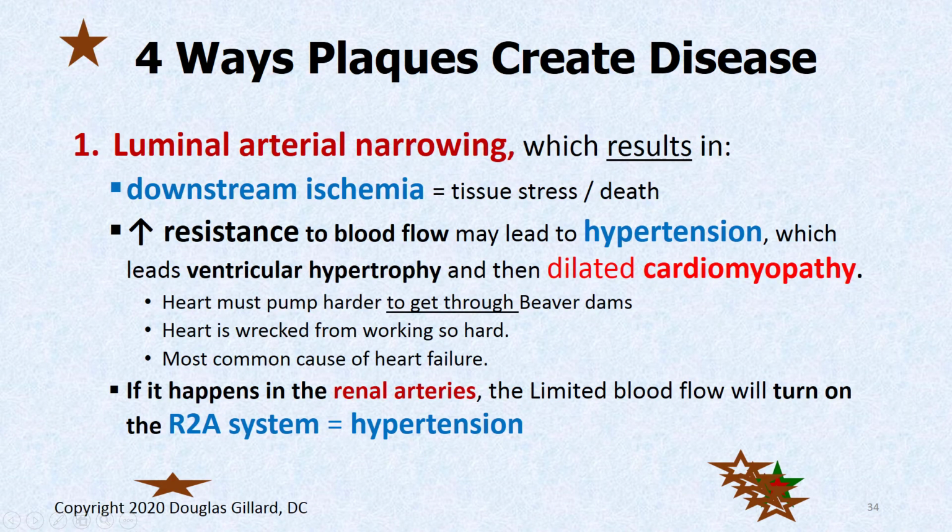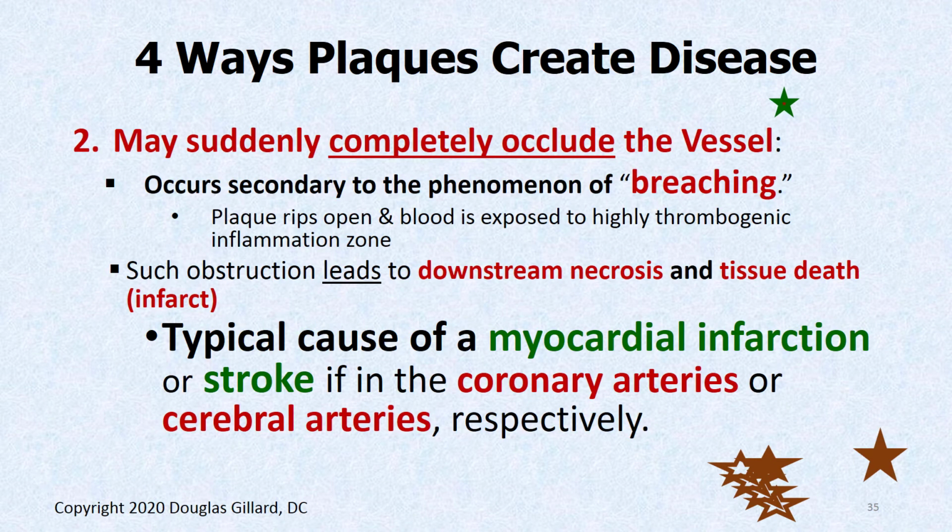And you'll eventually get cardiomyopathy from that, dilated cardiomyopathy if you want to get specific. So that leads to increased hypertension, as we said, or just that the beaver dam causes hypertension and wrecks the heart. If it happens in the renal arteries, it turns on the RAAS system. So that's stenosis. It could also completely occlude a vessel via a phenomenon called breaching.